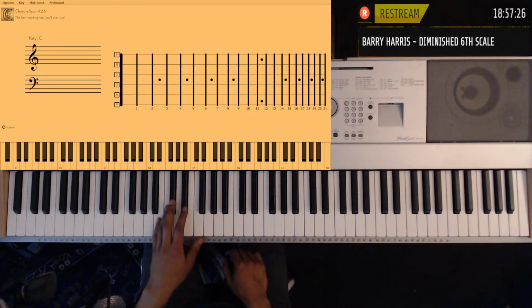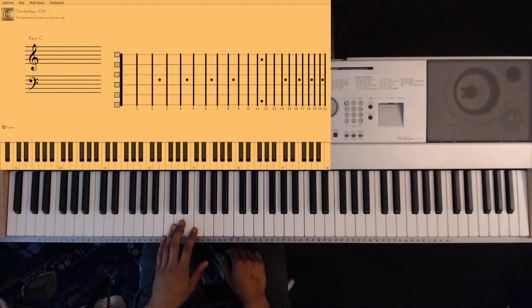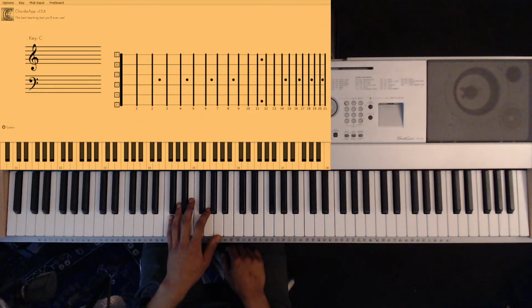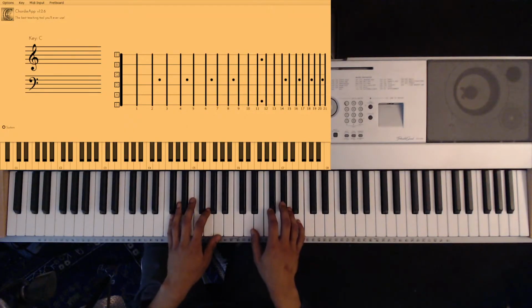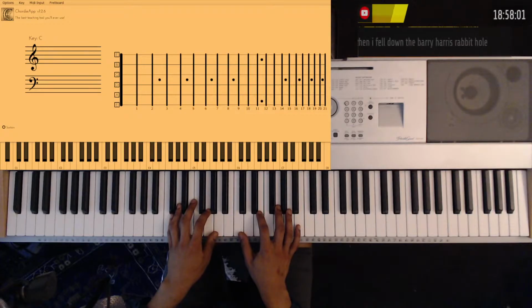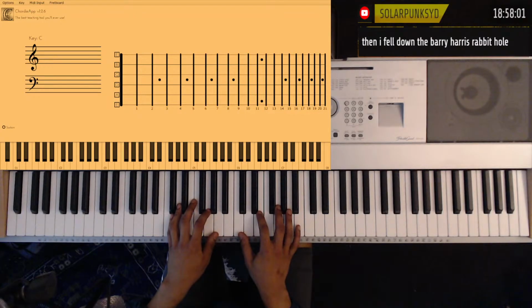I think this has been the best thing, the most important concept to me. Yeah, I would say it was exactly that. Sometimes I think I have had streams maybe a year back or so where I joke like, "Excuse me, do you have a moment to listen to the gospel of Barry Harris and the Diminished Sixth Scale?"